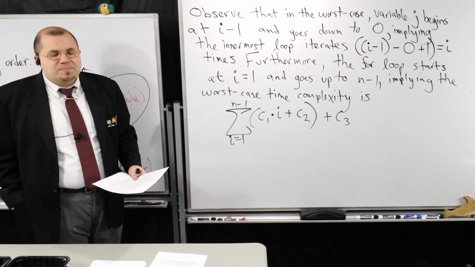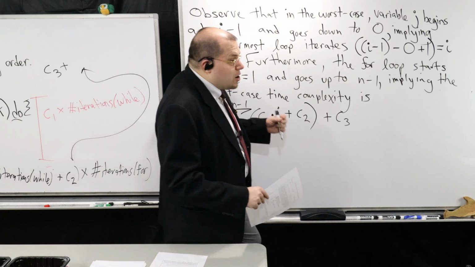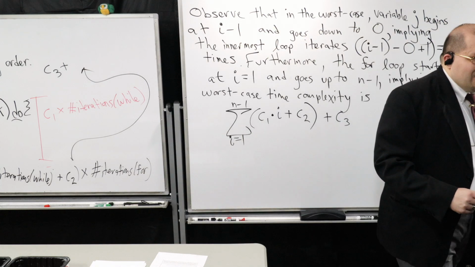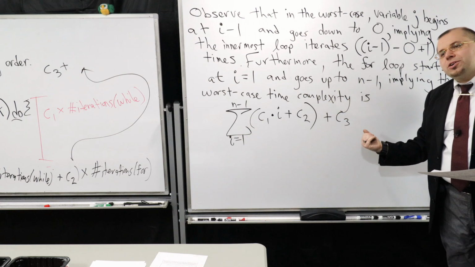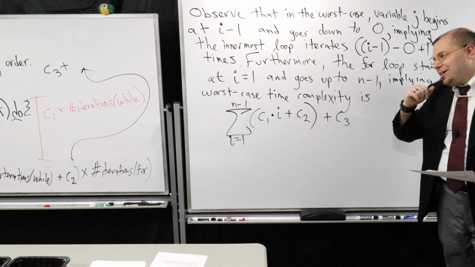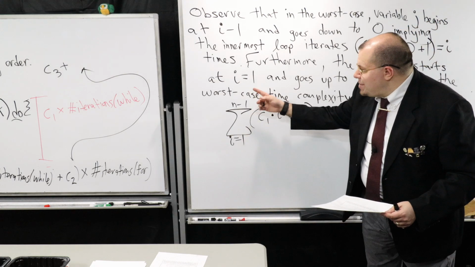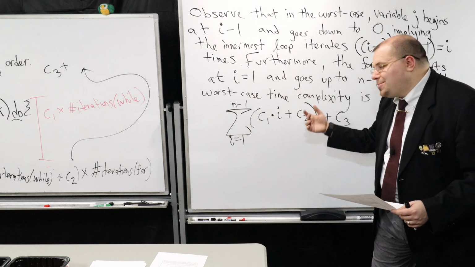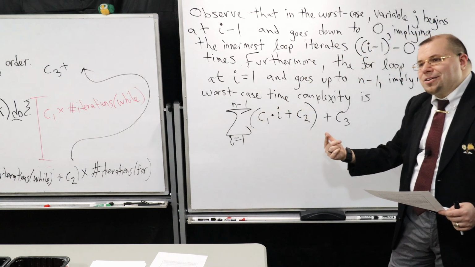Yes, exactly. The big observation we had here is that when I go over the iterations of the for loop, they actually govern how many iterations happen with the while loop. So this sum here is really just telling me how many times I add this up, which is no different than counting how many iterations happen.